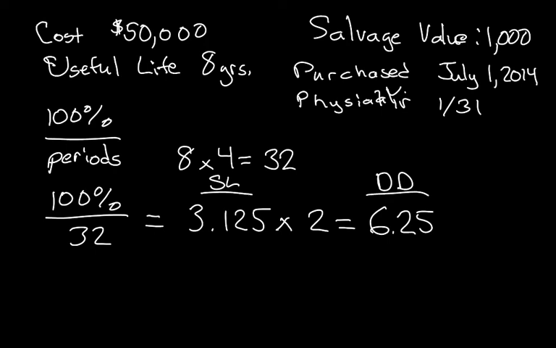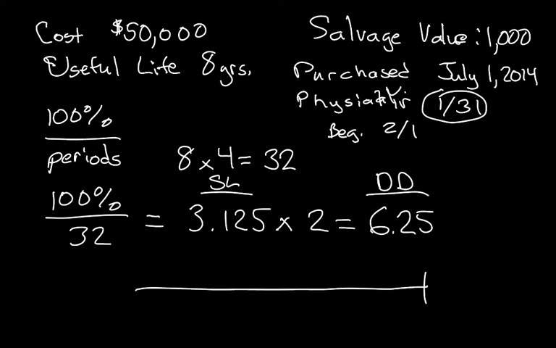So what does that 6.25 mean? If you see here, the fiscal year ends on January 31st. That means that it begins February 1st. So if I draw a line that shows the fiscal period, the first fiscal period will be February 1. The first quarter will be February 1 to May 1st.